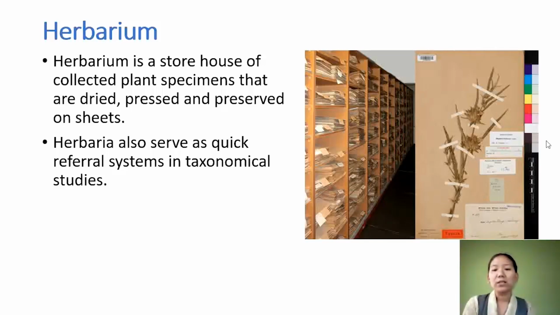Other descriptions are also provided here, and this is preserved and placed in the herbarium according to the classification system, and it provides a quick referral system in taxonomical studies. So the preservation of plant specimens becomes very important here.